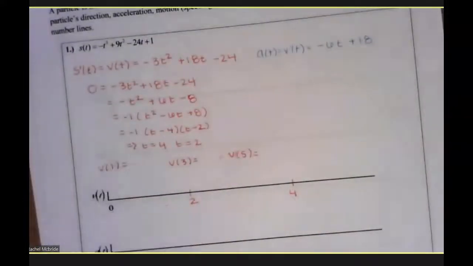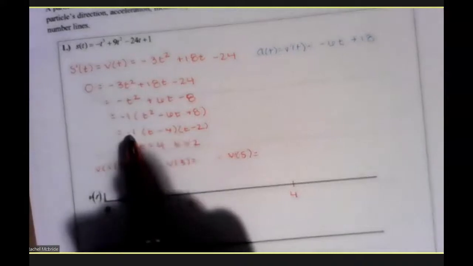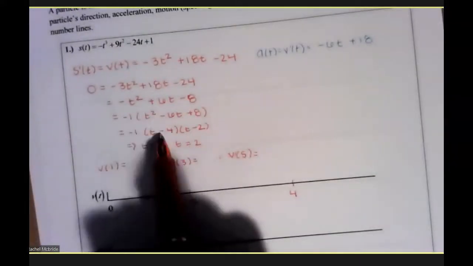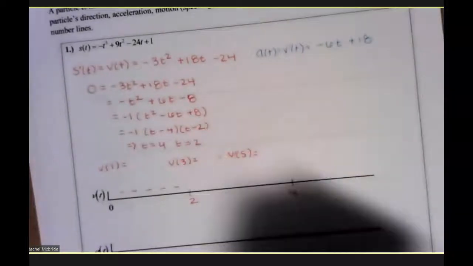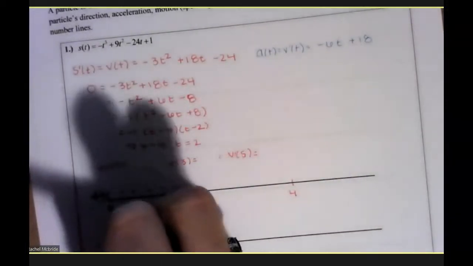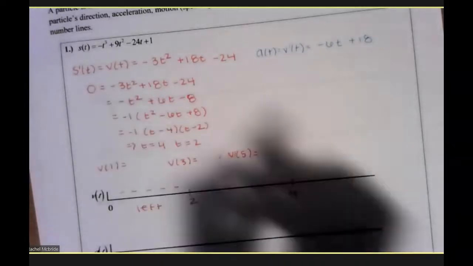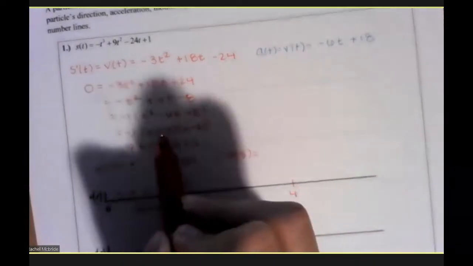So v of 1 is plugging in here, negative, negative, negative. So 3 negatives make a negative, which means it's moving to the left. Plugging in 3, we get negative, negative, positive.